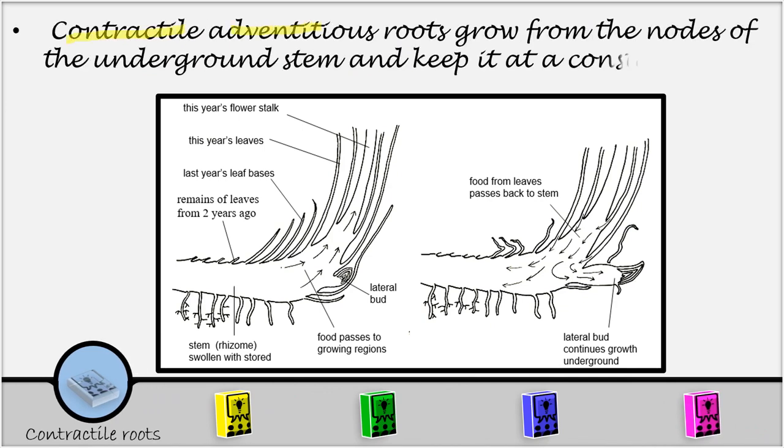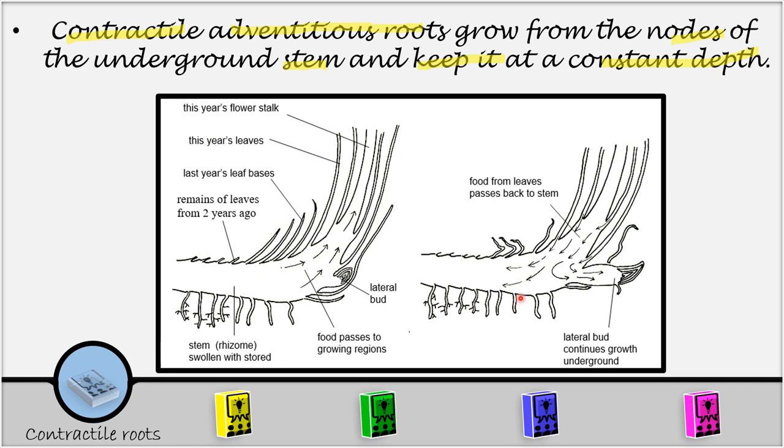Contractile adventitious roots grow from the nodes of the underground stems and keep it at a constant depth. So here we have down the roots. Under these roots we have the adventitious roots, and then we also have the contractile roots.